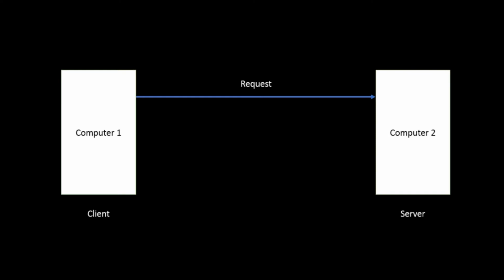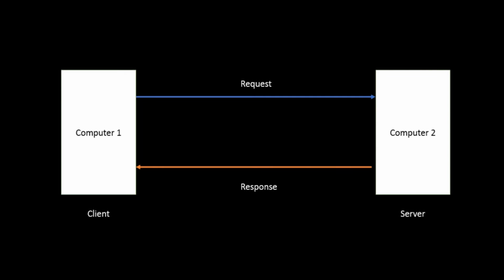Services such as sharing data or sharing resources or performing computation, etc. The server waits for the request to arrive from the client, and then when the server receives the request, it processes the request, performs some tasks behind the scenes, and sends the response to the client. This is the client-server model in a nutshell.